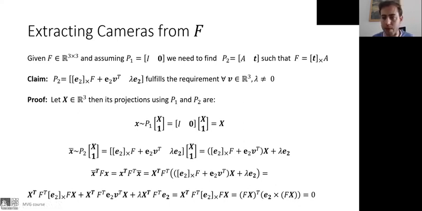You can just multiply both sides of the equation by any arbitrary scale. It's just a homogeneous equation. So F is defined up to scale, X and X bar are defined up to scale. Everything is defined up to scale, so you can just choose the scale arbitrarily and get what you want. Okay.